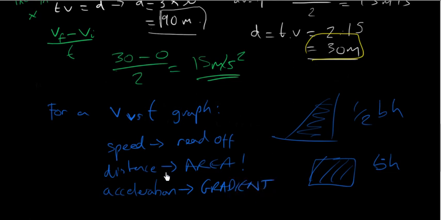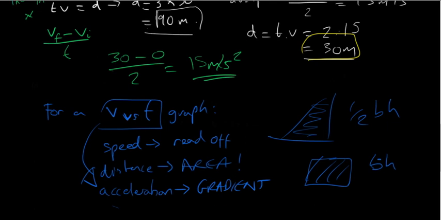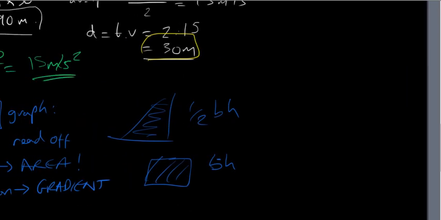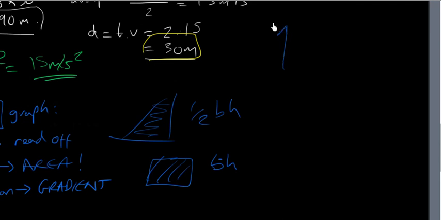If you notice, the gradient of a vt graph gives us the acceleration. But the gradient of a distance time graph, the gradient here, if the gradient is increasing, that's the speed. That's what it was giving us.